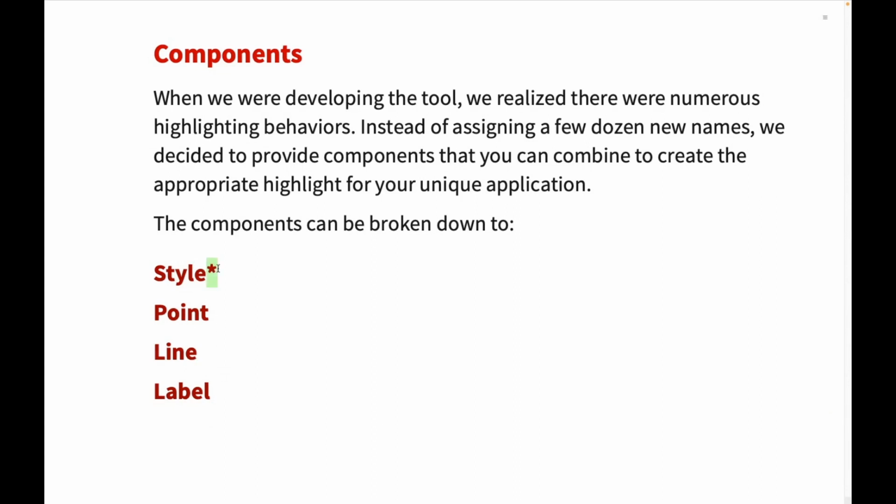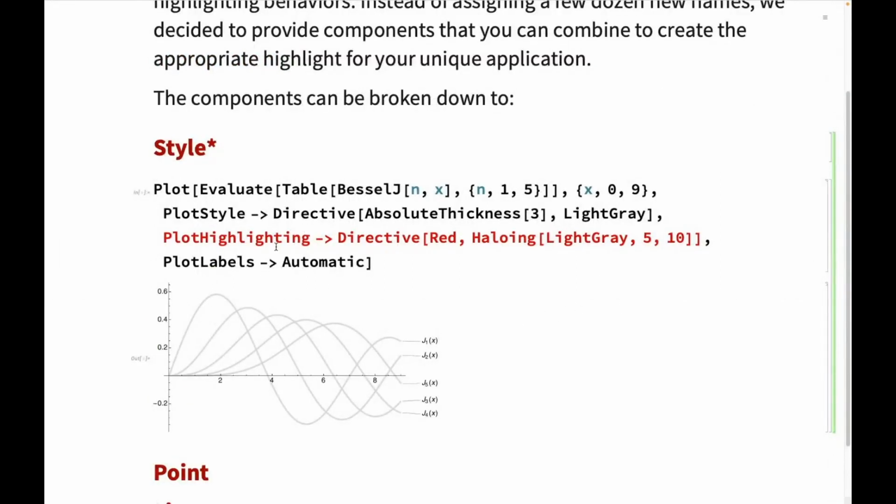I put the asterisk mark on the style here because this style is different from the key value that you just saw to customize the points, the line, or the labels. This style is specifically for the mouse over behavior of the curves or the points. So for example, you say plot highlighting, you just set the style.